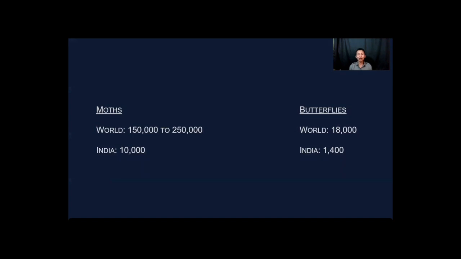There are far more number and variety of moths than butterflies. The difference is huge. The world has about 150 to 250,000 moths. The range is given here because we haven't recorded all the moths of the world.